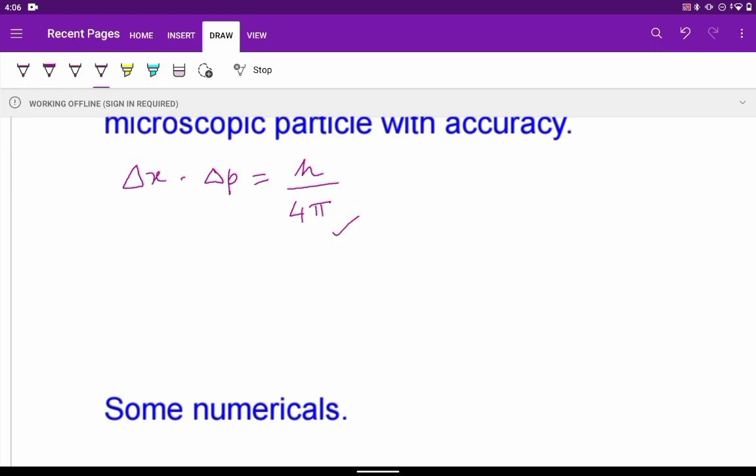Here delta x is the uncertainty in position, and delta p is the uncertainty in momentum. So from here we get the concept of probability of locating the electron. There is a probability that we can locate the electron in the space around the nucleus. So this is the Heisenberg uncertainty principle.